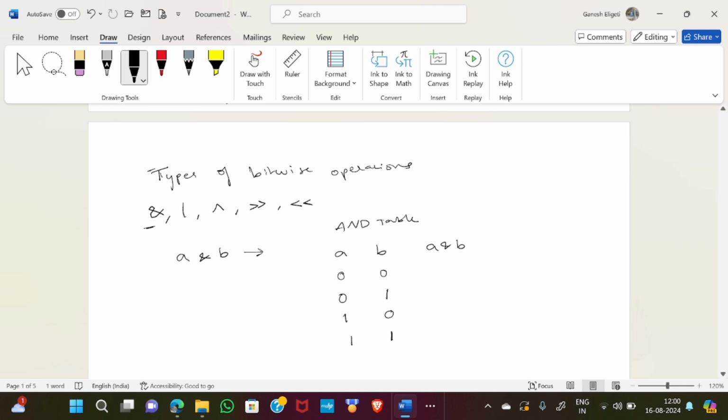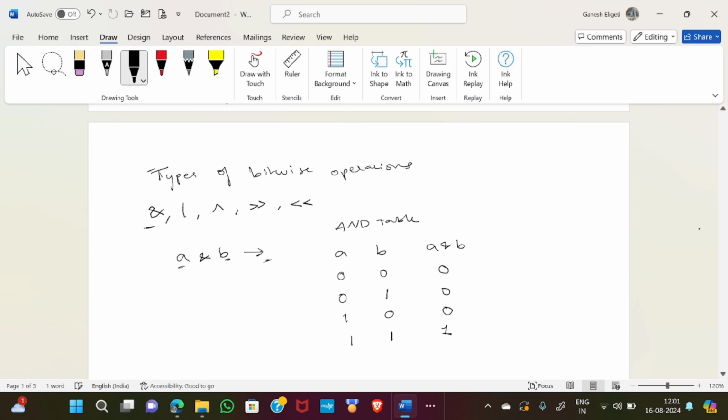When these two are 0, nothing is 1, so it's 0. 0 and 1, no, it's still 0, this is also 0, and 1 and 1 will only be 1. So this is the table for AND.